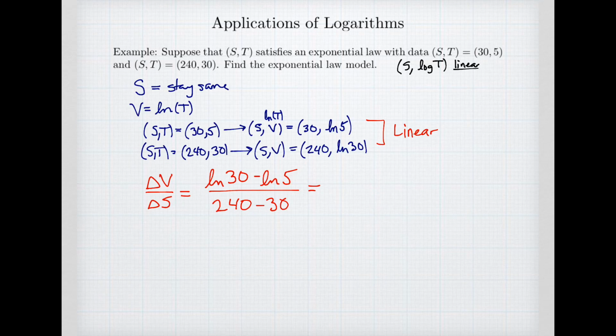That's the difference of logarithms. So we can change that to a logarithm of the quotient. When I think about the denominator, these are ordinary numbers. This is a regular subtraction, so it's over 210. When we simplify that, I get the natural log of 6 divided by 210. That'll be my slope.